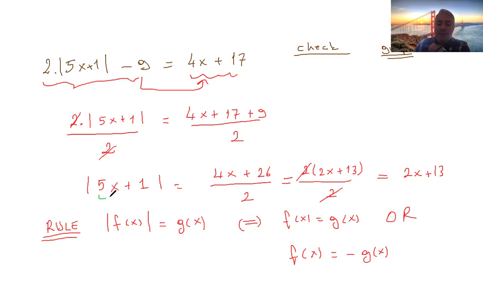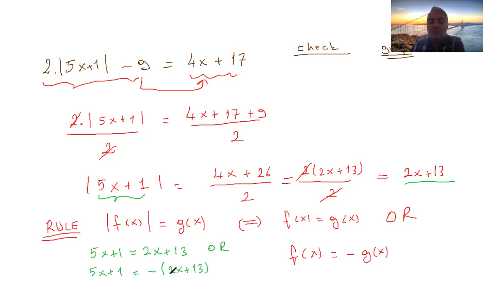My f of x, let's say this, 5x plus 1, equals directly the right side, which is 2x plus 13, or 5x plus 1 equals negative, in parentheses, 2x plus 13. A common mistake: sometimes students forget to use the parentheses, so it will be wrong.